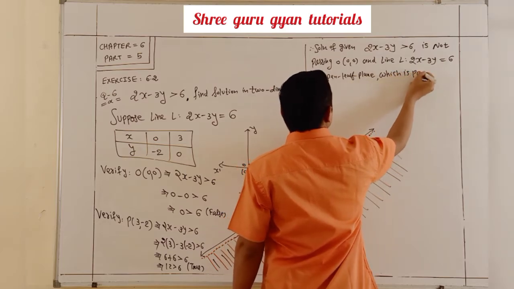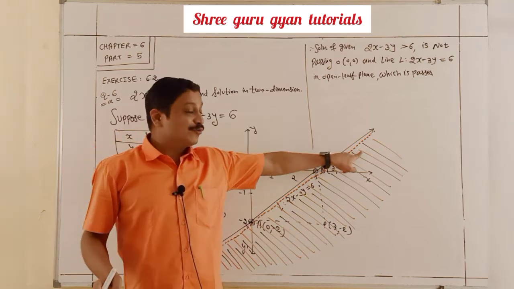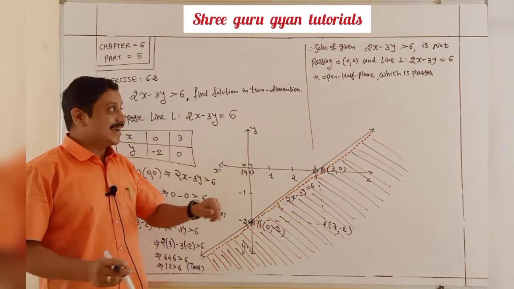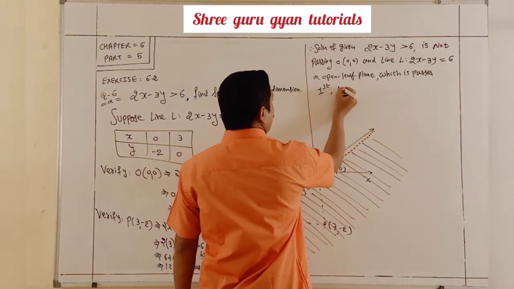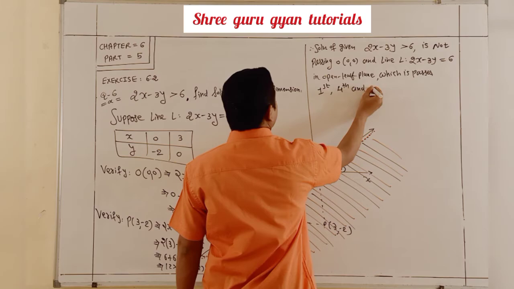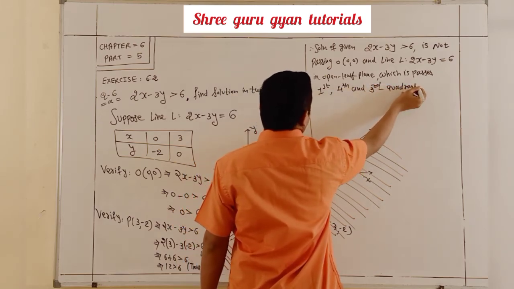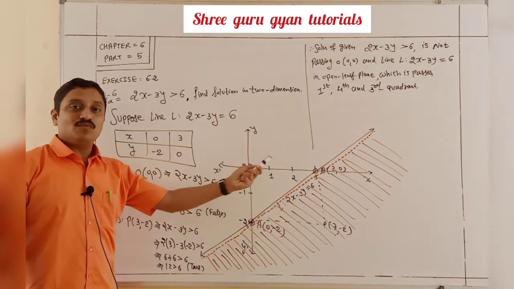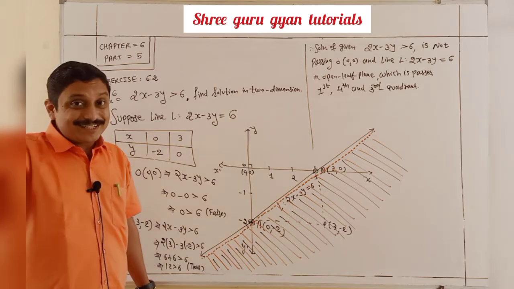In which quadrant does it pass? Quadrants 1, 4 and 3. Yes, it passes through the first, fourth and third quadrants. Here, students, this is our answer for this inequality: first, fourth and third quadrant. The numerical is also done.